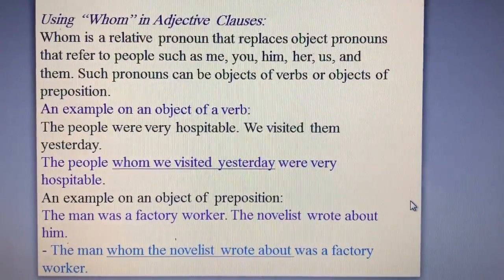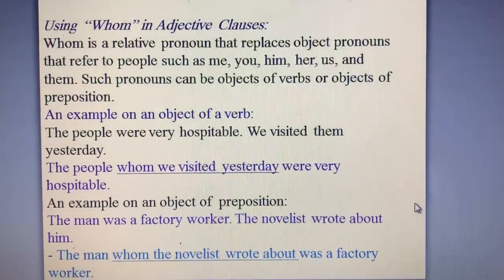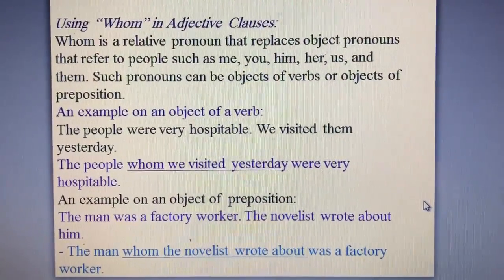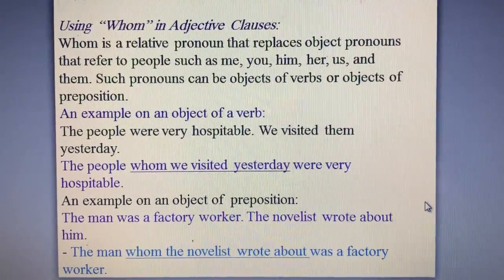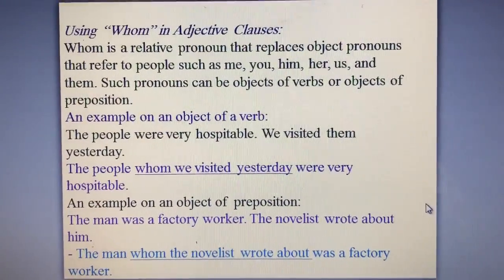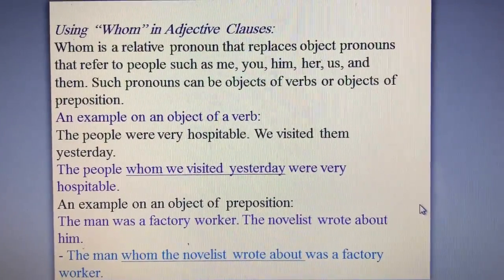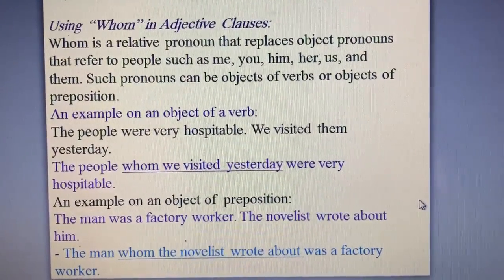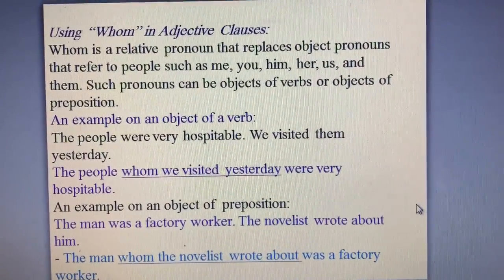We is the subject of this adjective clause and visited is the verb. I stopped at visited because were is another verb that shouldn't be included in this adjective clause. As I said before, an adjective clause should include only one verb.